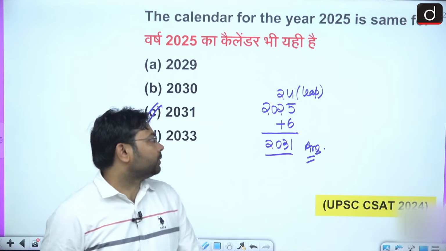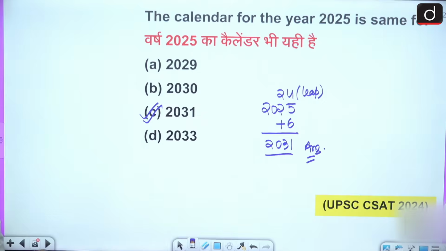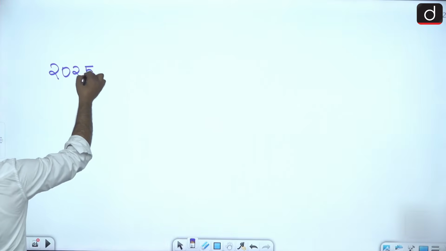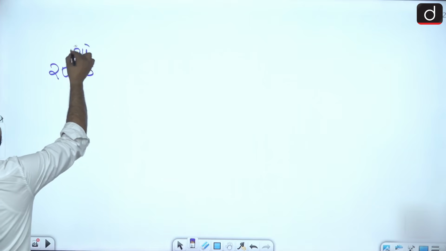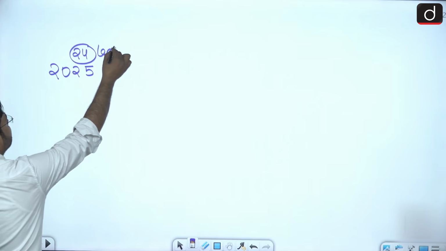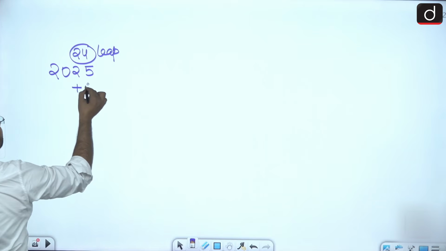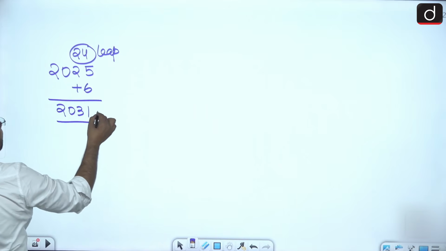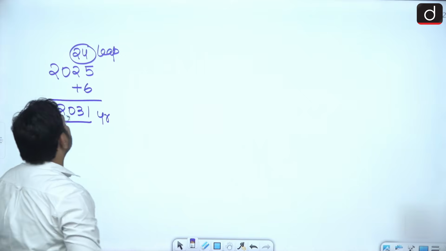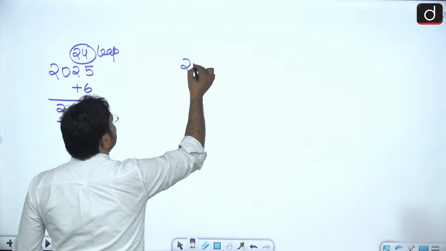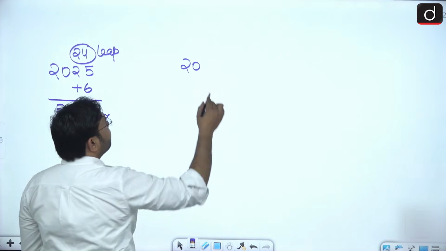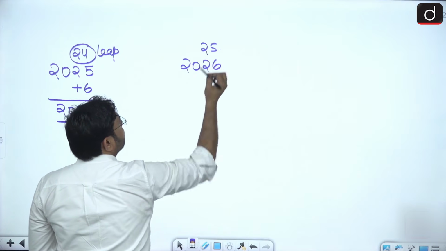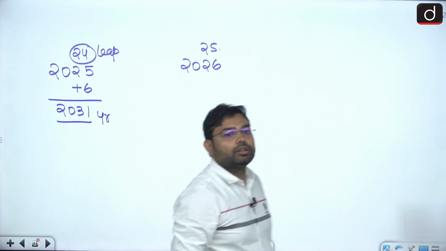Noted? The first case is this, if this is 2025 and before this 2024 is a leap year, you need to add 6, this is 2031. And the other case is, if the year behind is a normal year, you add 5.